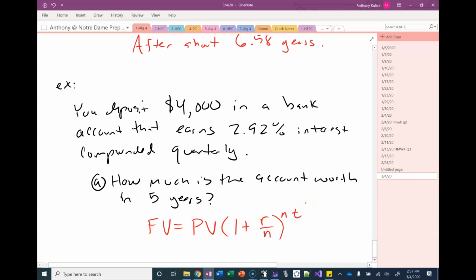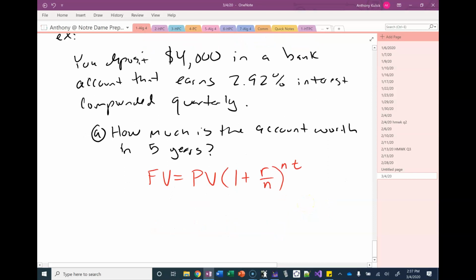Okay. What does FV stand for? Future value. What are we looking for in part A? A future value, so we don't change that at all. What's PV? Present value. So how much money did we start with? 4,000. Okay.